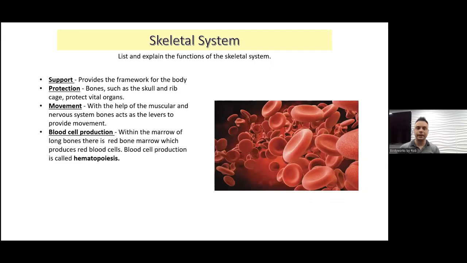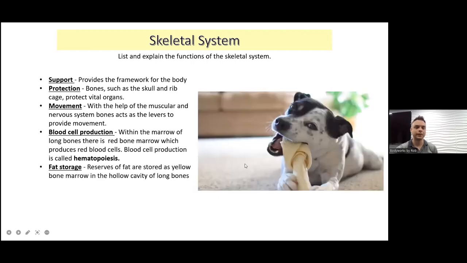Blood cell production occurs in larger bones in later life, such as the femur and our humerus, mostly the femur. We find that to be produced in the red bone marrow of the larger bones, which is in the hollow medullary cavity of the long bone.